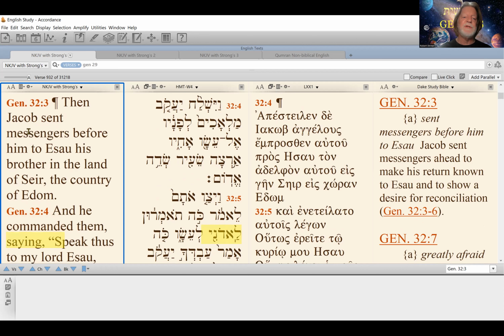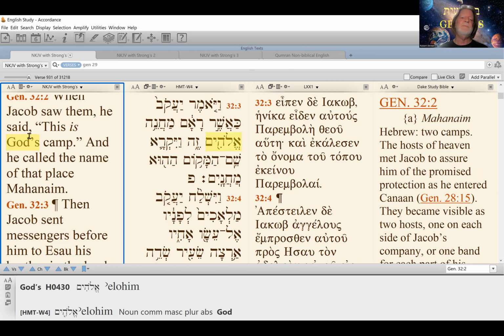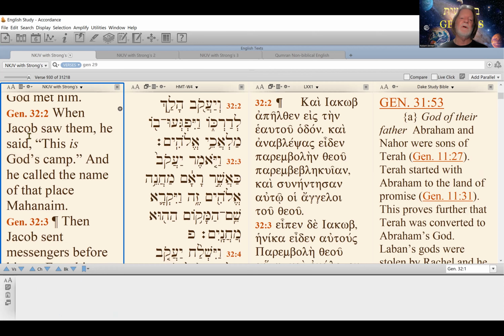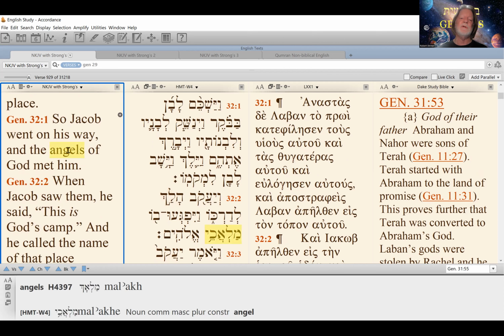Then Yaakov sent messengers. Interestingly enough, the word for angel is malach, and the word for messengers here is malachim, just the plural of that. But it seems quite evident from verse 1 that these angels are actually angels.